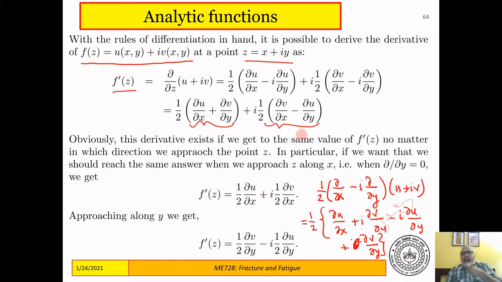So now let us try to look at the condition where this exists, f'(z) exists at the point z.